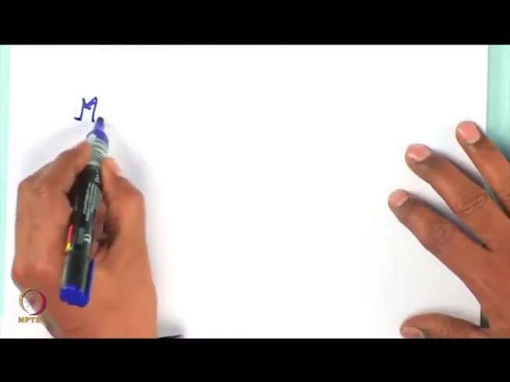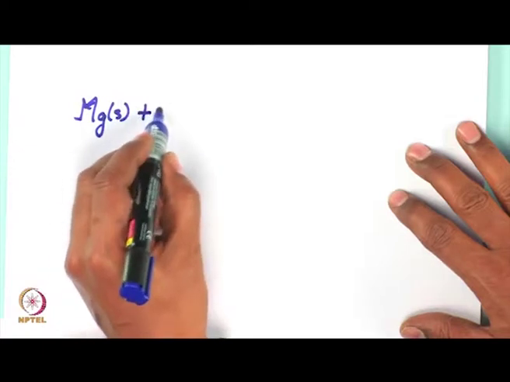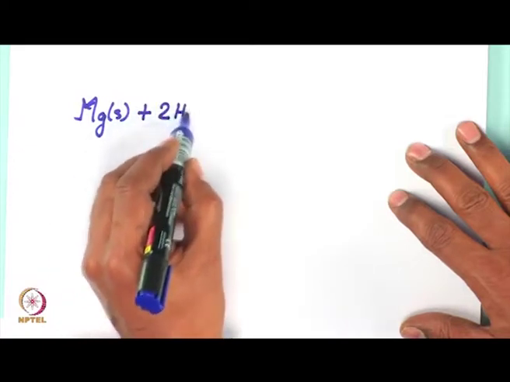We have here magnesium, 15 gram of which is dropped into HCl. So, work is done due to what? Let us see what happens. You have magnesium solid and you add HCl.